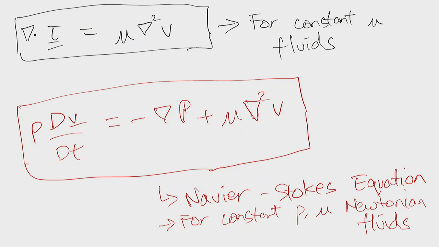A few notes. One is that the term here is the term that represents the viscous forces. And the left-hand side, as before, if you notice, we haven't really worked a whole lot on the left-hand side. Left-hand side is essentially a conversion of mass times acceleration, right?